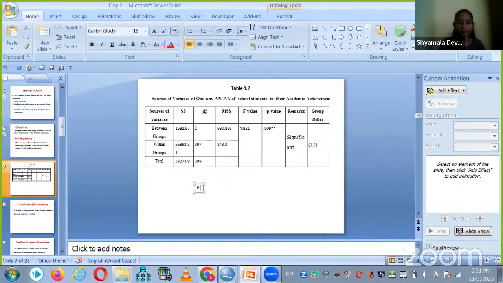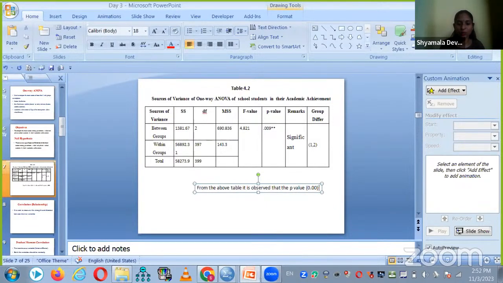So from the above table, it is observed that the p-value, so the p-value here is 0.00. Okay, so I have rounded to 2 decimal places, so it is 0.00.